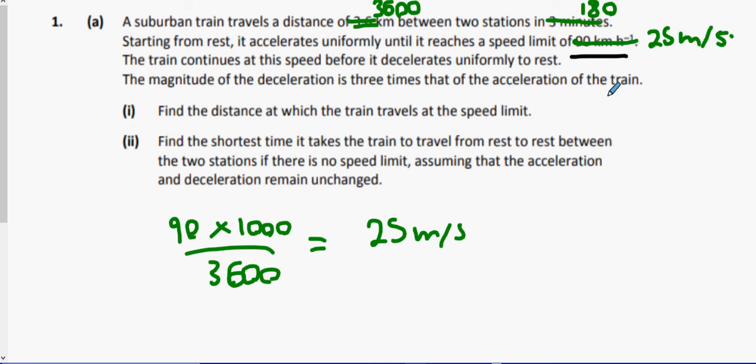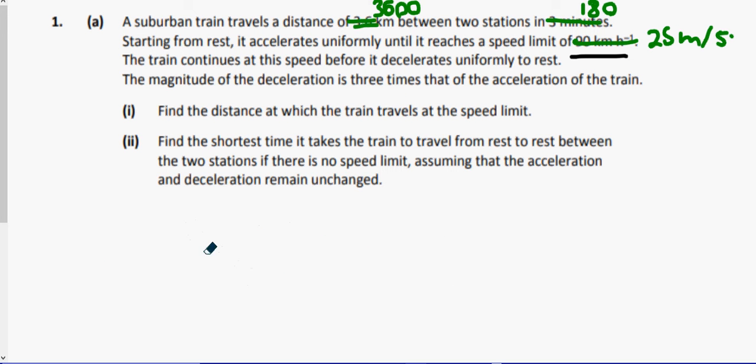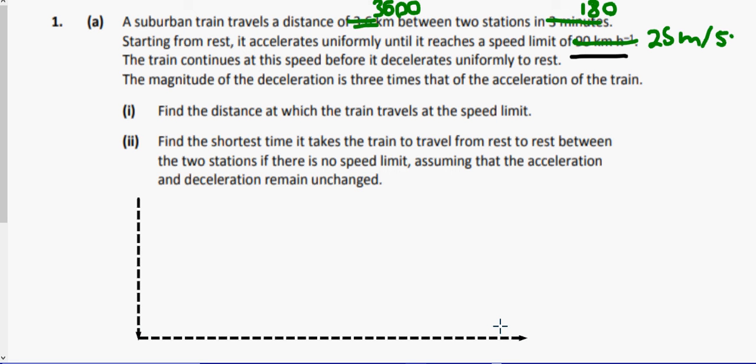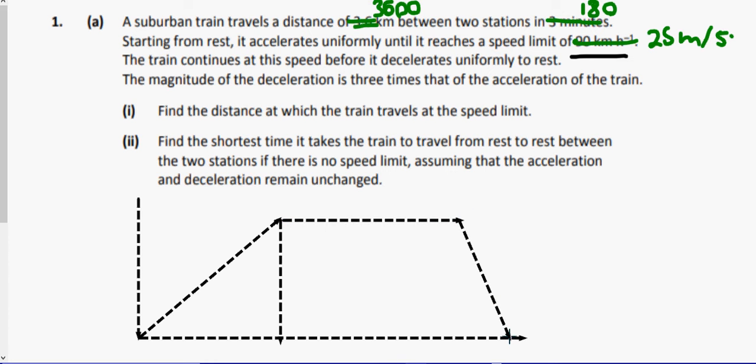Okay. Now that we're back to SI units, we can start thinking about what we're doing here. So you decelerate a lot faster than you accelerate. You accelerate, then spend a bit of time at constant velocity, and then you decelerate at 3 times the magnitude.